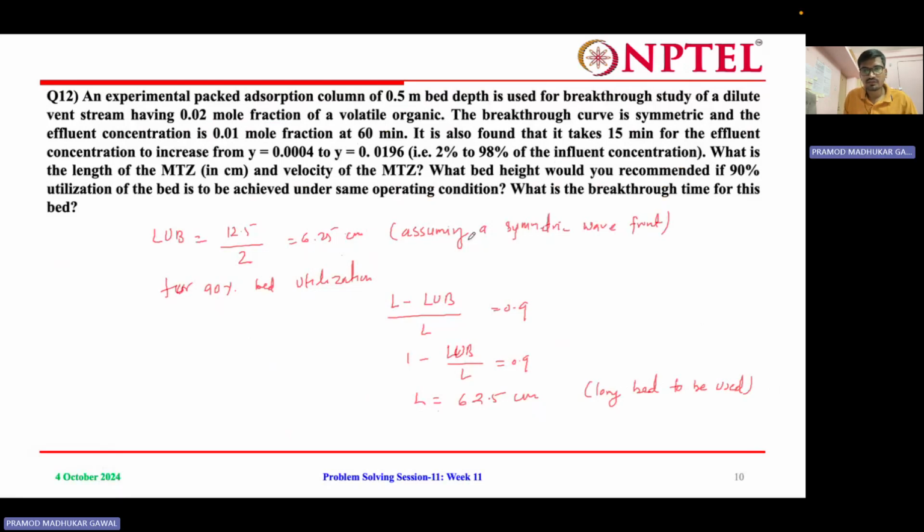Now, what is the breakthrough time for this bed? To calculate the breakthrough time, denoted by TB, equal to (L minus LUB) divided by velocity.